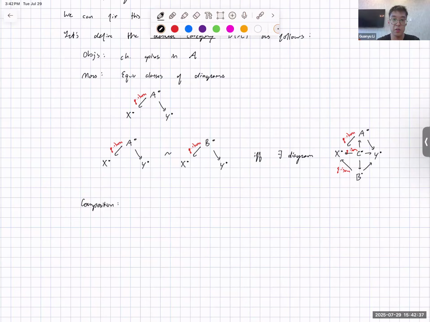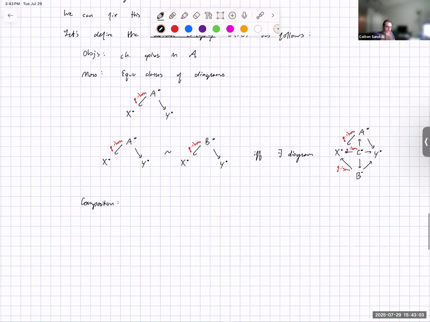And this is exactly the roofs. In these cases it's a very formal thing to do this localization, and it depends on what maps you're localizing. They need to satisfy some properties. Anyway, this is the right notion of localization that we want to perform.